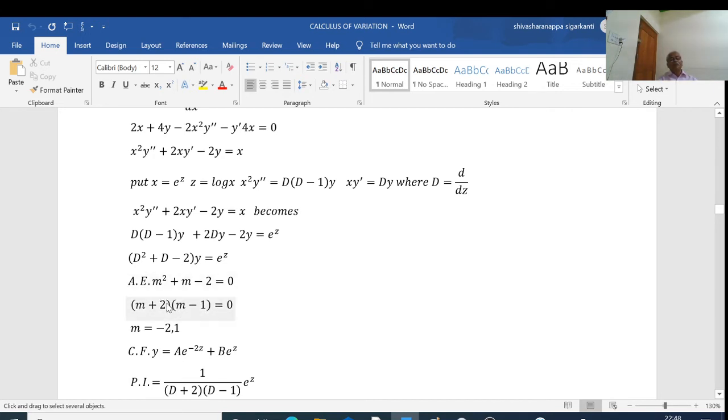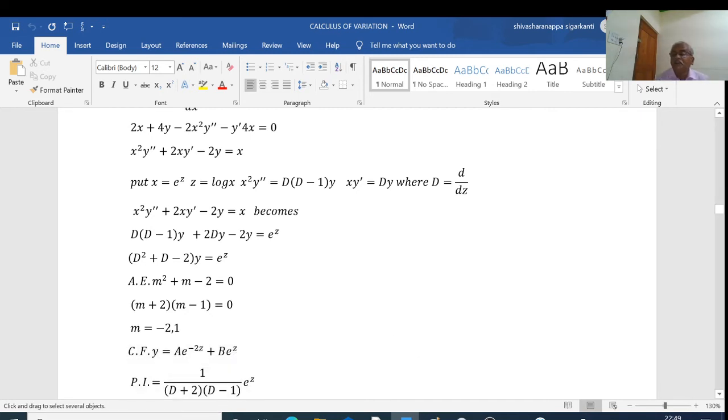This gives m equal to minus 2, m equal to plus 1. These two are real and distinct. Therefore, complementary function is y equal to A into e to the power of minus 2z, I have to write z because the independent variable here is z. A into e to the power of minus 2z plus B into e to the power of z.